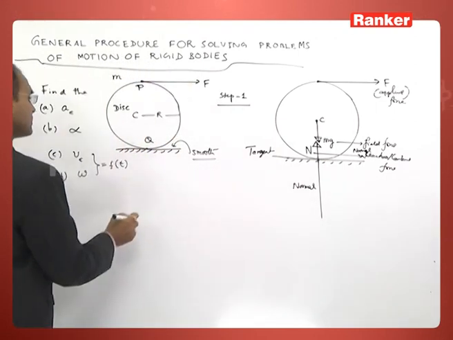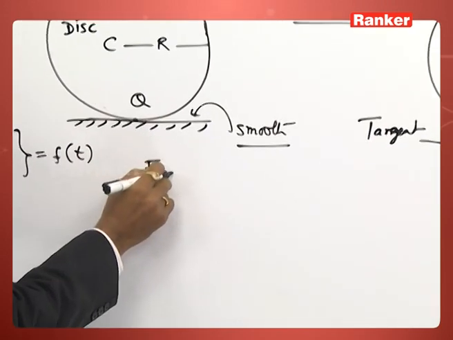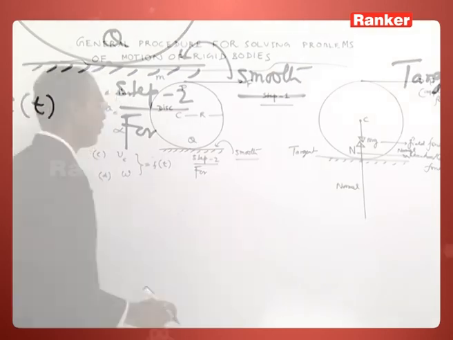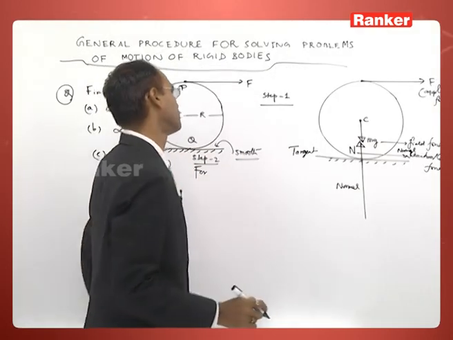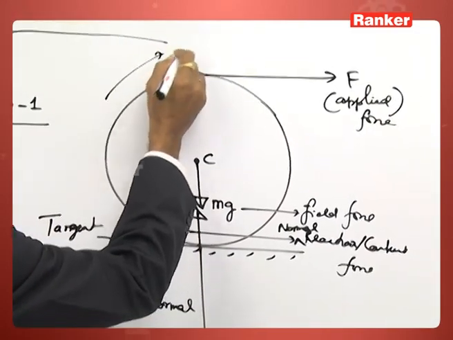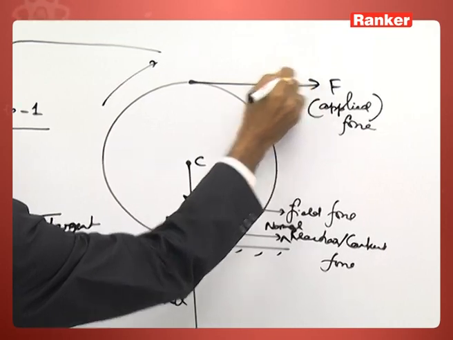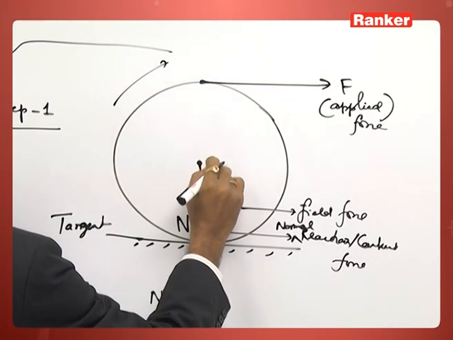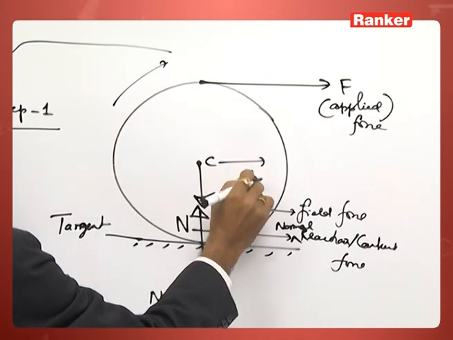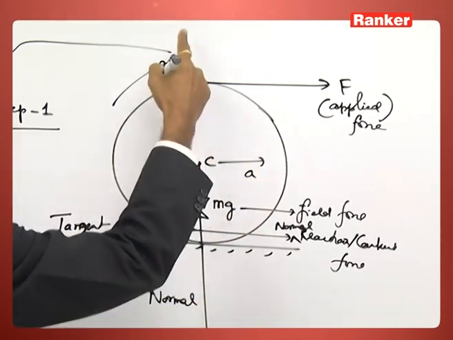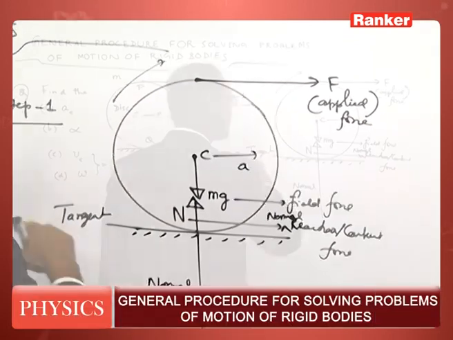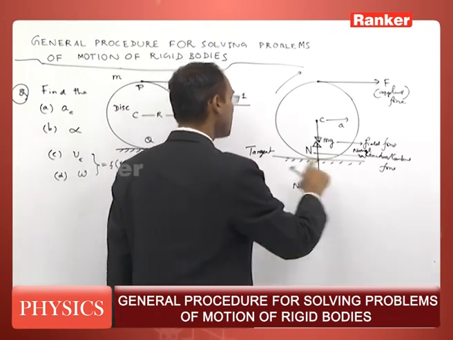Let us write the equations. Before we go to step number 2, in the FBD, let us assume the accelerations. Along x direction, acceleration is a. Along y direction, it doesn't move because it is placed on a rigid horizontal surface.